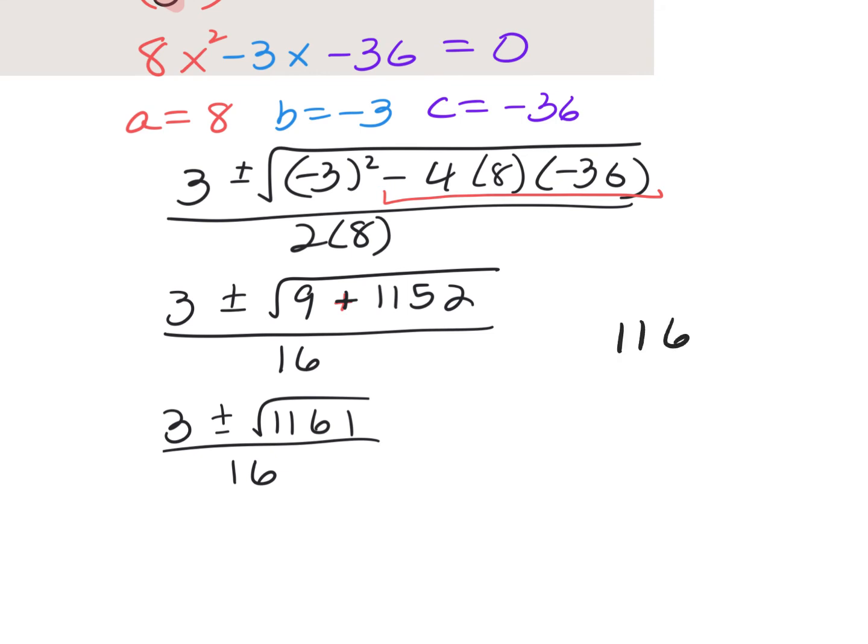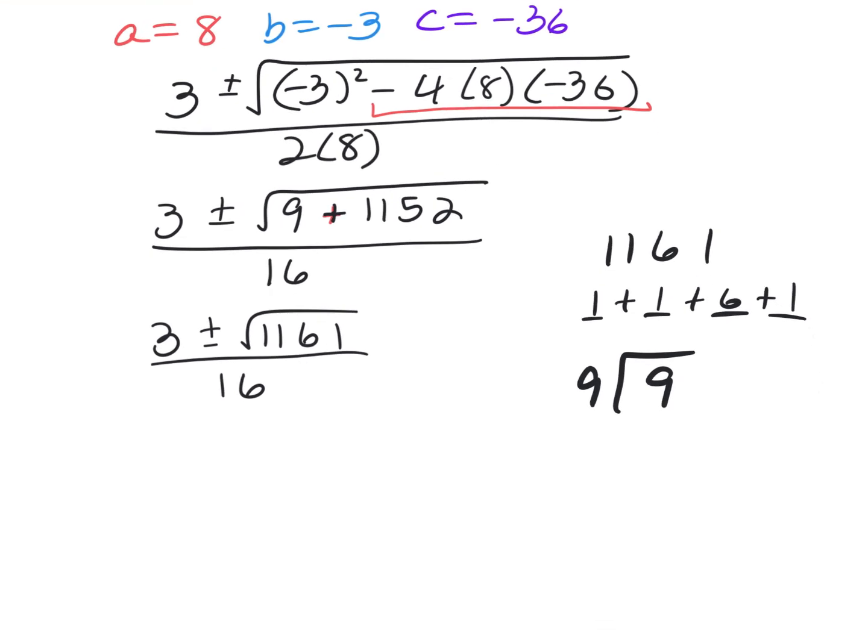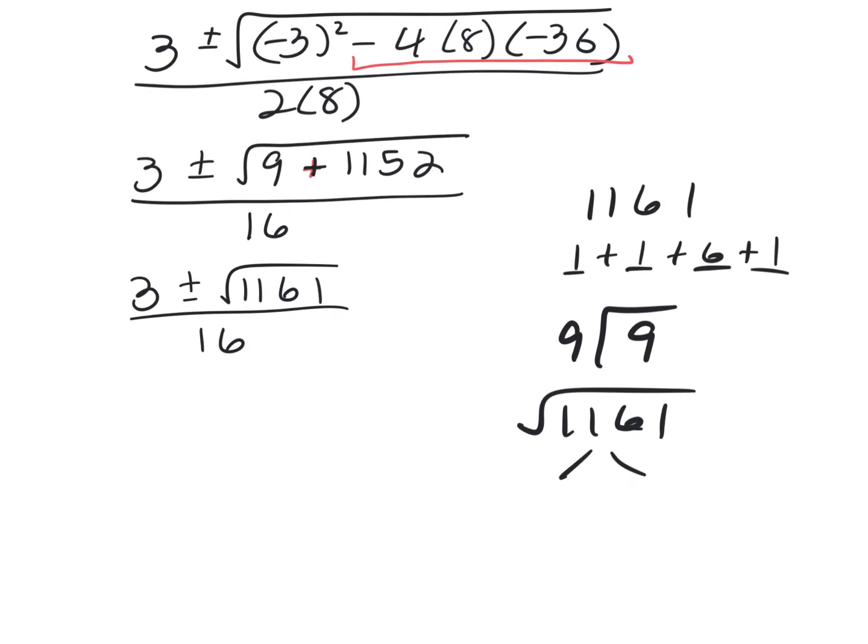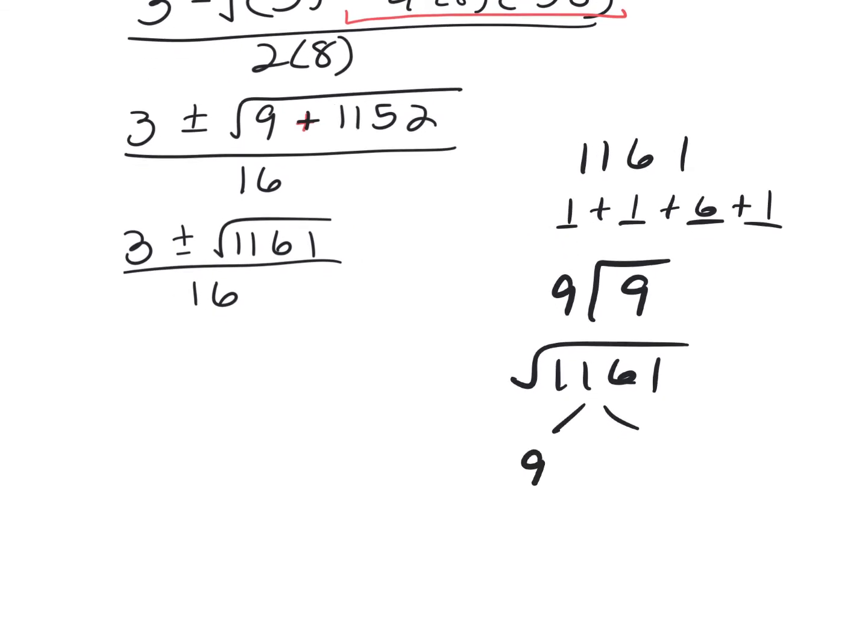So the 1161, I add 1 plus 1 plus 6 plus 1, so this all adds up to 9. If 9 divides into that sum, then I know 9 is a factor of that number. And 9's a perfect square. So I'm going to go ahead and do a factor tree for 1161. And it's 9 times 129.